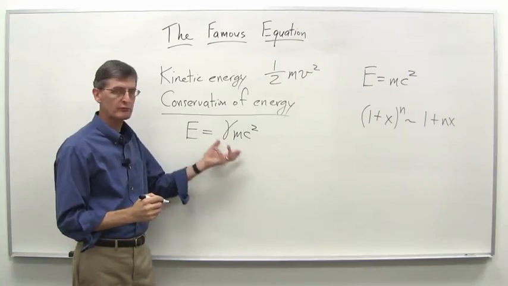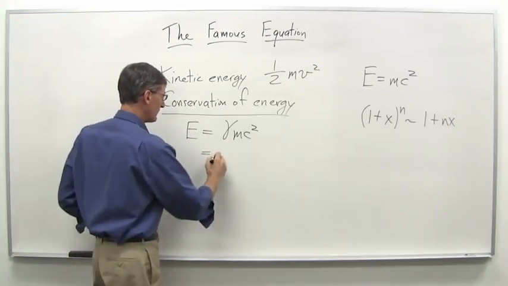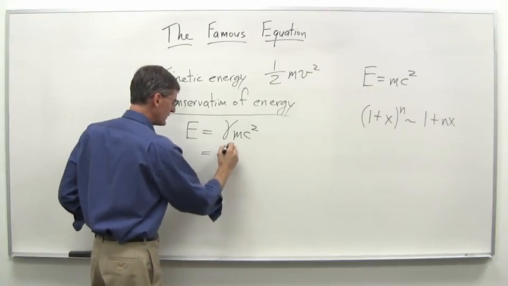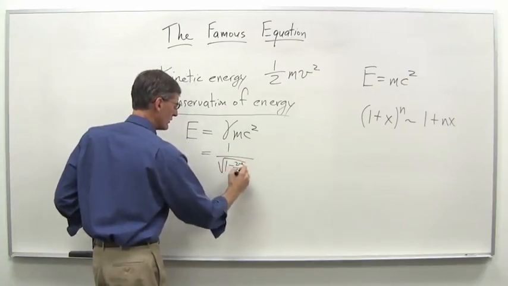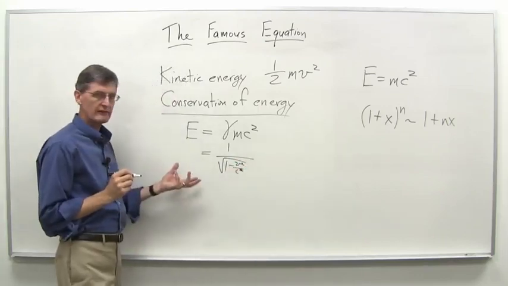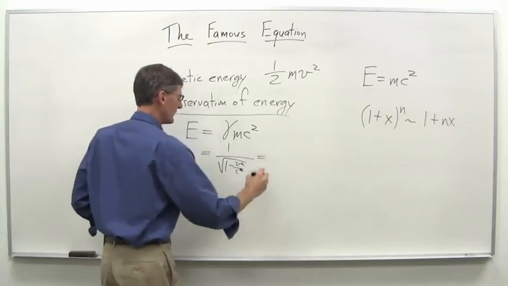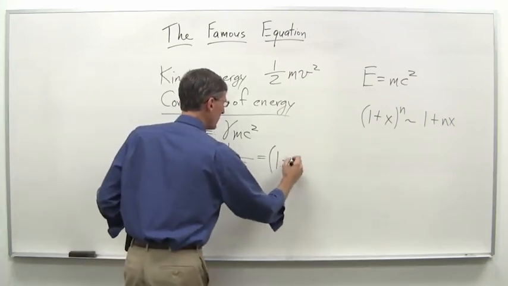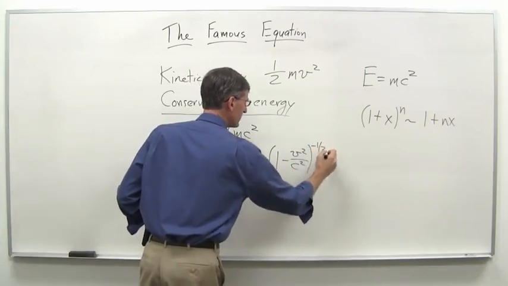So we're going to exploit that here because, of course, what we have here is gamma in our one form, 1 over the square root of 1 minus v squared over c squared there. But let's write that in a slightly different form, as we've done before. We haven't done this recently, but before we could write it like this. We have 1 minus v squared over c squared to the minus 1/2 power.